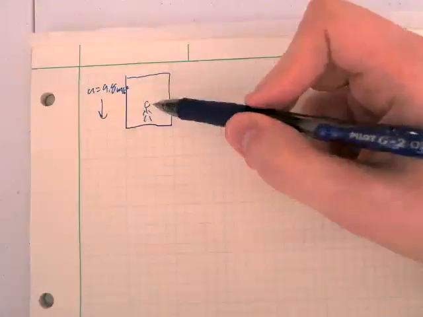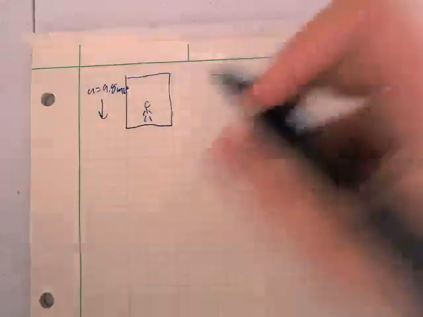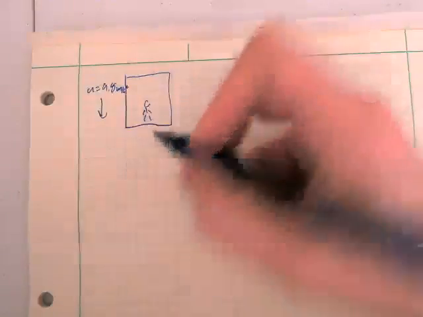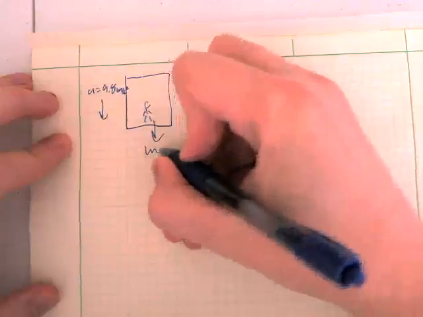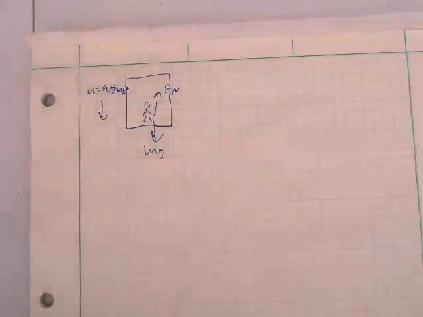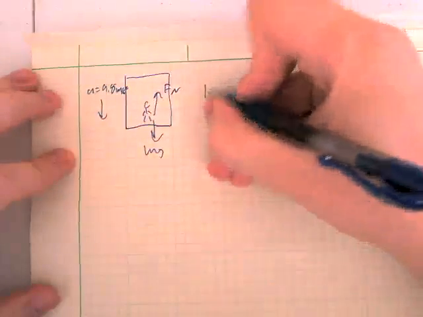Hopefully this never actually happens to you, but if it does, you can do some fun physics as you plummet to your doom. So what would the normal force that you experience be in this case? Again, what are my forces? We have gravity pulling me down. We have our normal force pushing up. And how does this affect my Newton's second law equation?